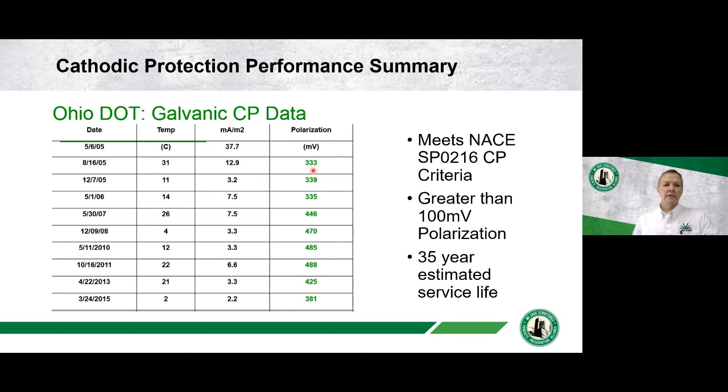And by documenting and logging the current output over time, we can also estimate the remaining service life. In this case, a total service life is approximately estimated to be 35 years based on how fast the zinc is being consumed.